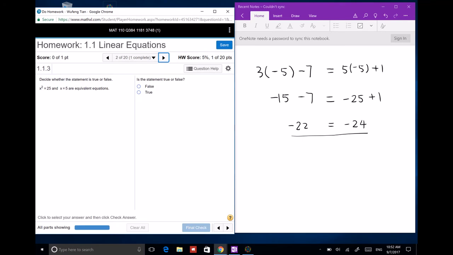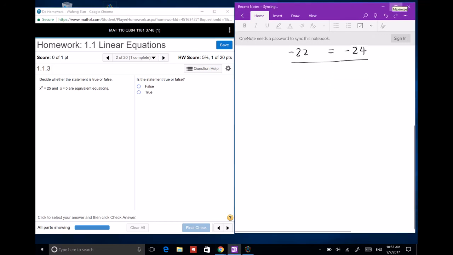Alright, it will be the same method for the next one. Is it true or false for this one? x squared equals 25 and x equals 5 are equivalent equations. So we have x squared equals 25 and x equals 5.